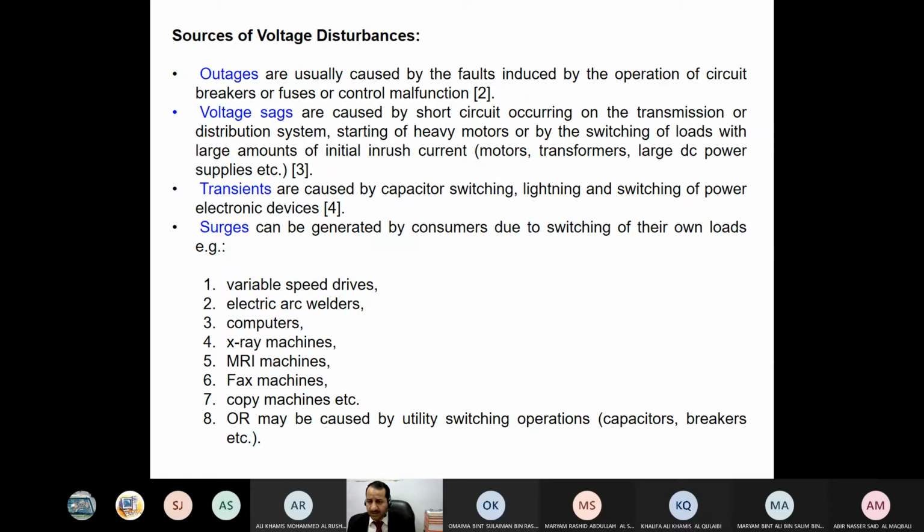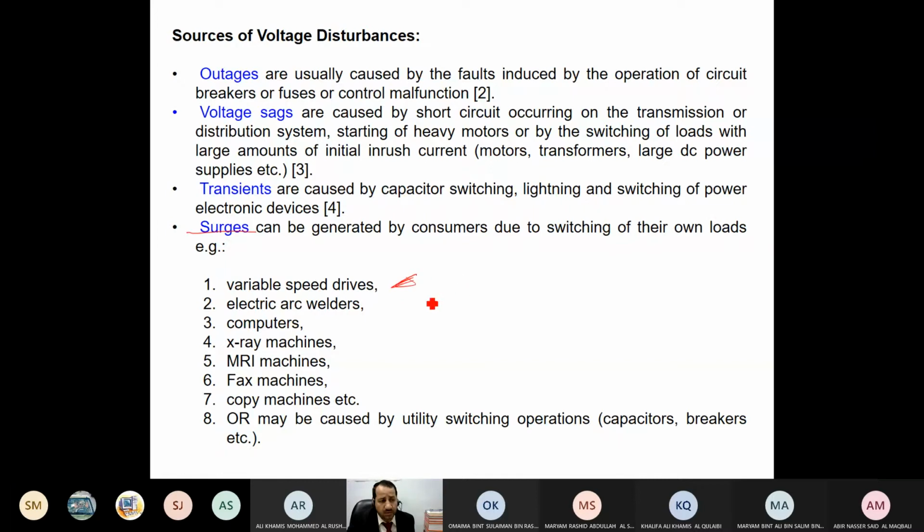We feel it sometimes. We see the fluorescent light reduced because the motor connected to the same point gets started. Also, transients could occur because of capacitor switching, lightning, and so on, or power electronic converters. A surge is also a spike, like a high voltage or high current coming, and it happens when there is switching, it could be because of a variable speed drive.